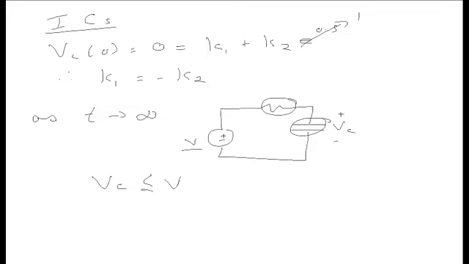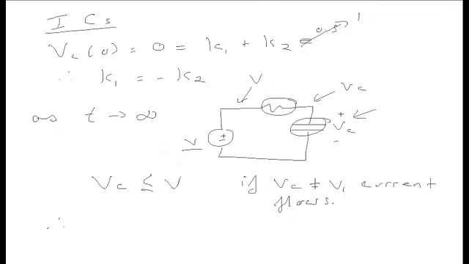Now let's see what happens if Vc was not equal to V eventually. If Vc does not equal V, then I'll have a voltage here, Vc, and a voltage here, V, that are different, and therefore current will flow. But if current is flowing, then the voltage will be changing in the capacitor, and in steady state, I won't have that.